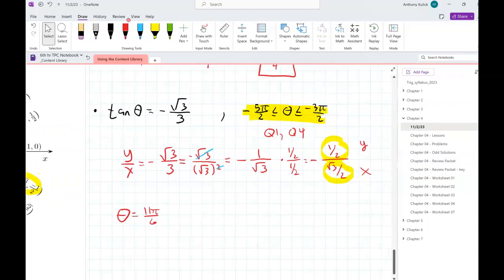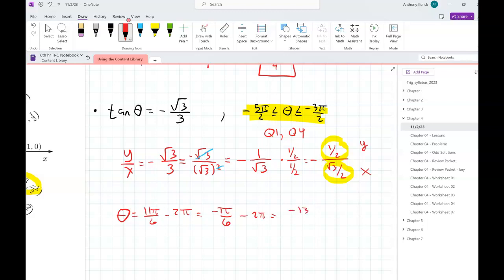Is that between negative 5 pi over 2 and negative 3 pi over 2? Of course not. What do we need to do? Subtract 2 pi, right? So again, making some common denominators, I get negative pi over 6. Still too small though, right? So subtract another 2 pi.